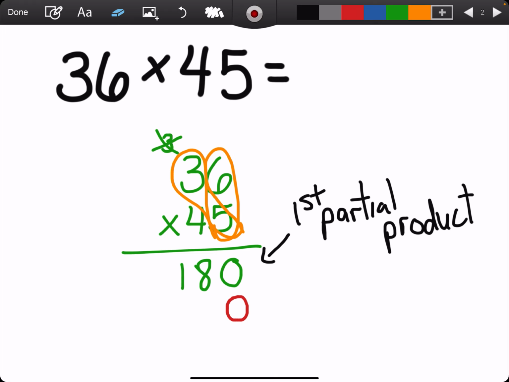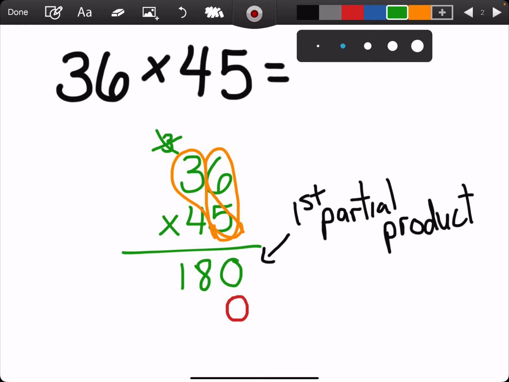I'm putting that 0 there because I'm really multiplying by 40, okay? Although I'm just going to say 4, okay? I'm doing 4 times 6, but since I know it's really 40 times 6, that's why I'm putting that placeholder. That is an absolute must, okay?